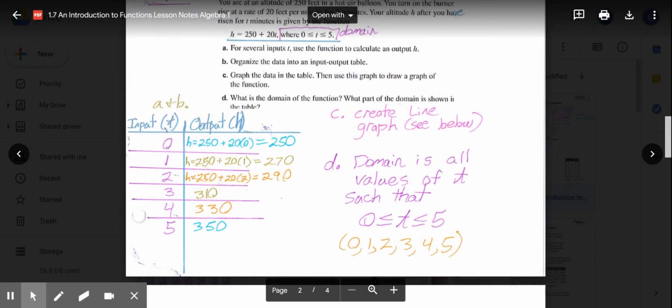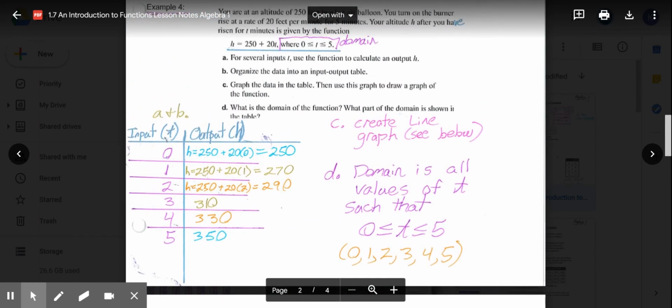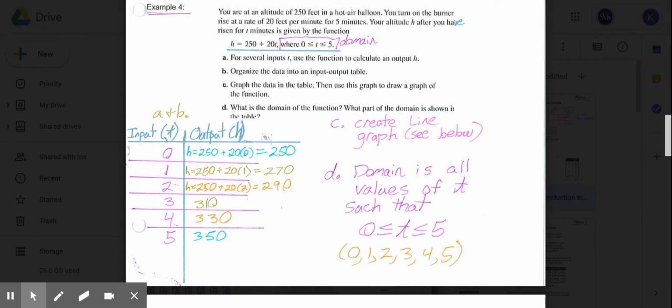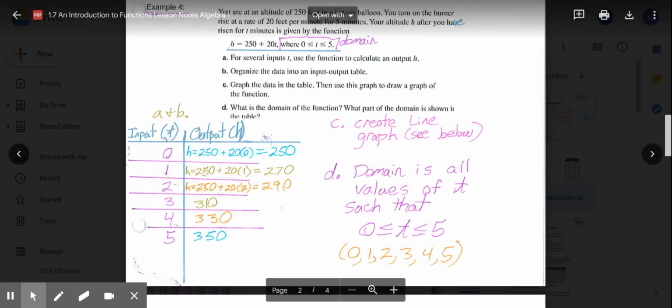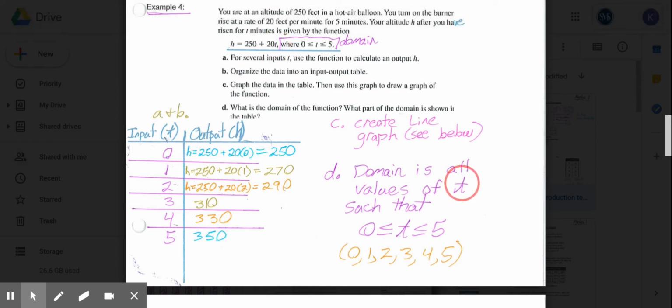And then, in this case, our domain. So for part D, what is the domain of the function? What part of the domain is shown in the table? So when we look at the domain, it is all of the t values, our input. So t in this problem would be the domain.